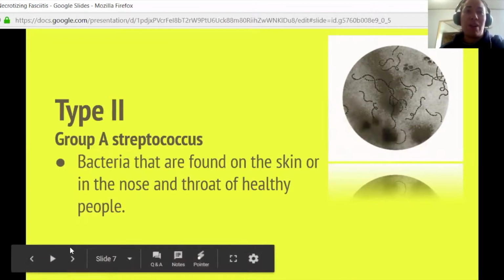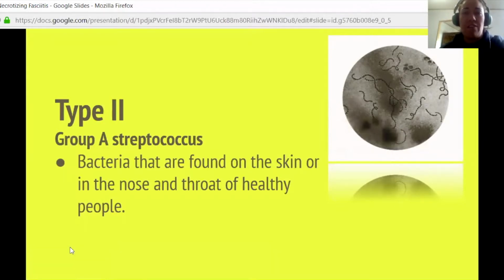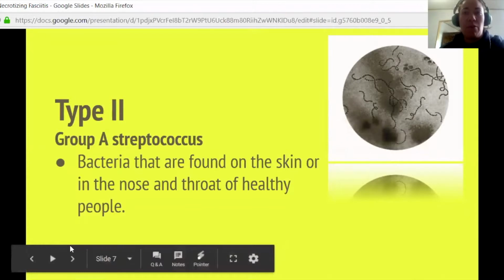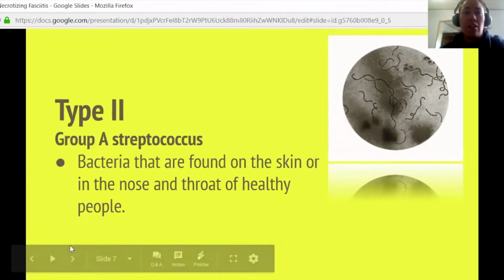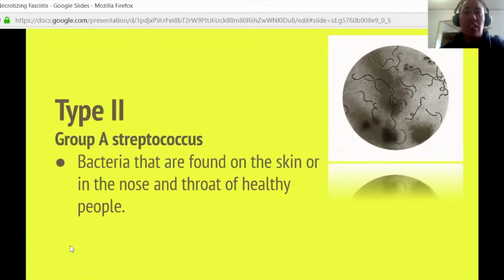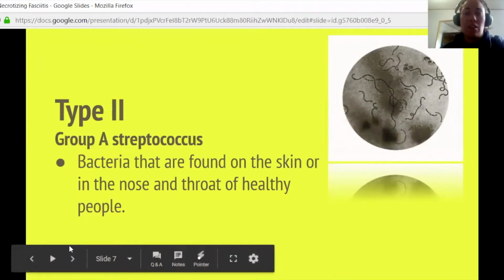Staphylococcus aureus bacteria is also becoming a more common cause of NF. Similar to strep, these gram-positive bacteria are commonly carried by humans on our skin or noses without showing any symptoms. Staph bacteria can cause boils and food poisoning.